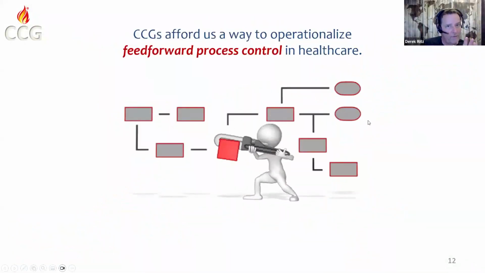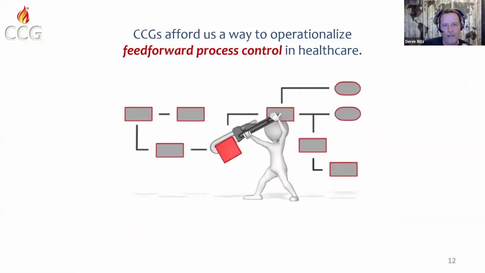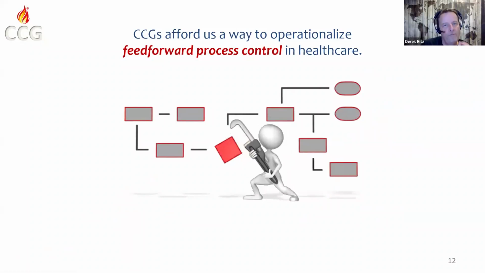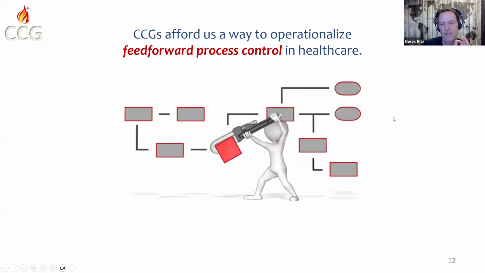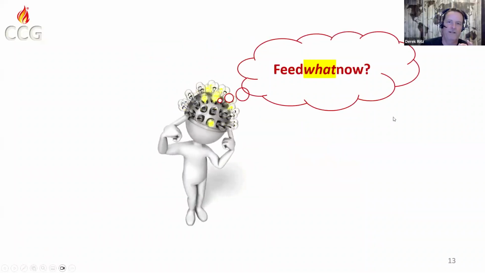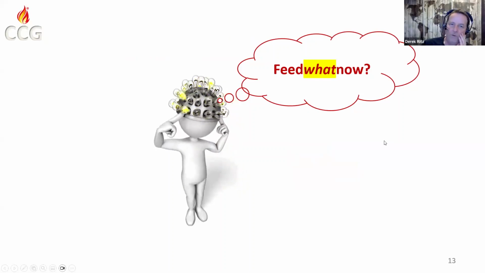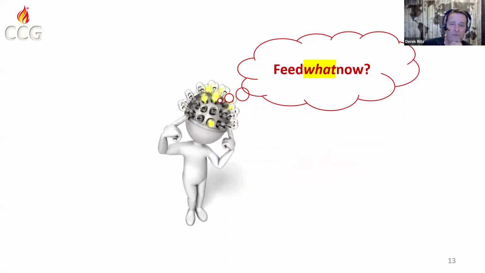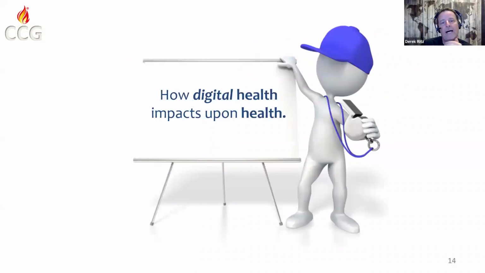Put another way, CCGs afford us a way to operationalize feed-forward process control. Remember when I said I was a recovering engineer? I'm not a fully recovered engineer. So some of you who haven't had to suffer through engineering school are probably saying, feed what now?